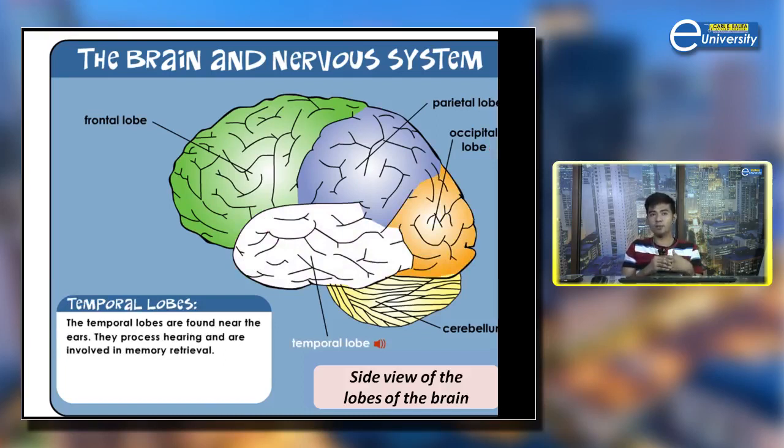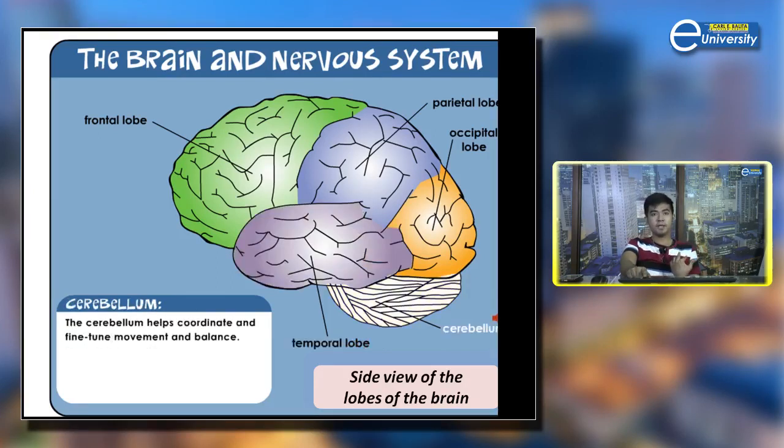That's why they are responsible for hearing and memory retrieval. So again, the frontal lobe is for the thinking processes, the parietal lobe is for the sensory processes, the occipital lobe is for the visual cortex, and the temporal lobe is for hearing and memory retrieval.